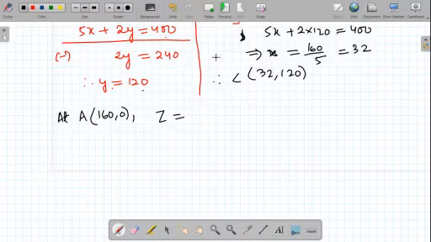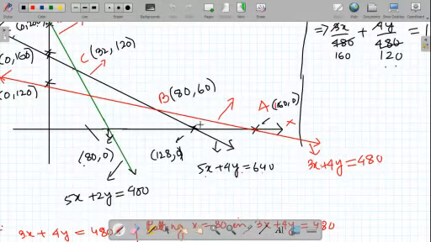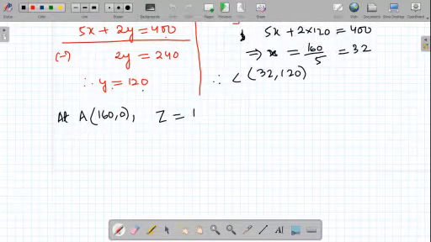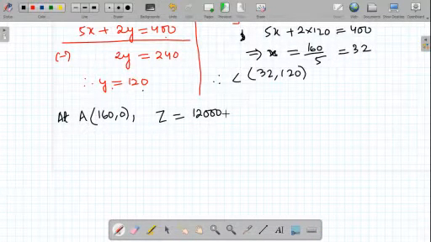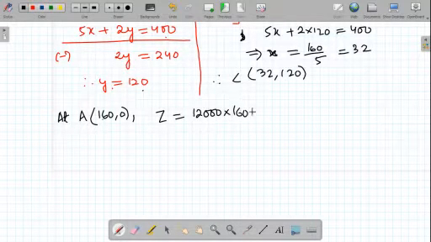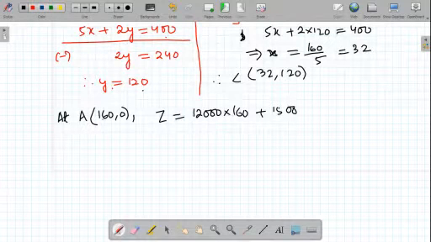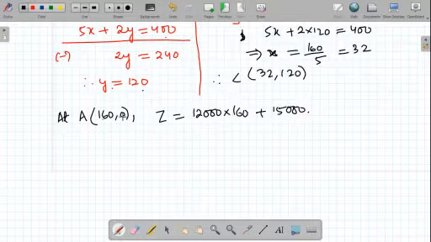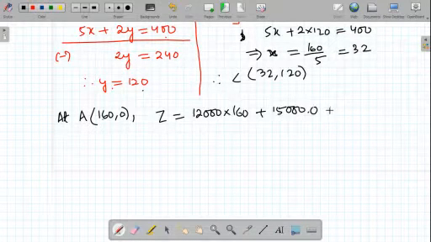What is Z? Okay, Z we know is 12,000 into X, 160, plus 15,000 into Y, which is 0.